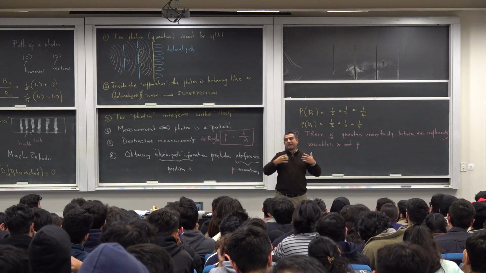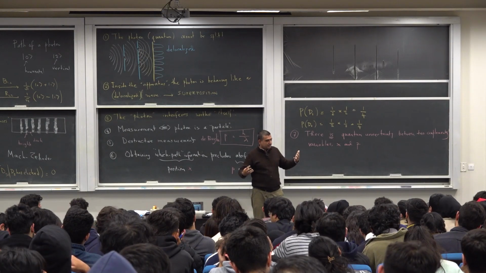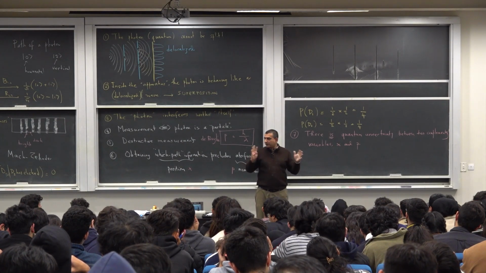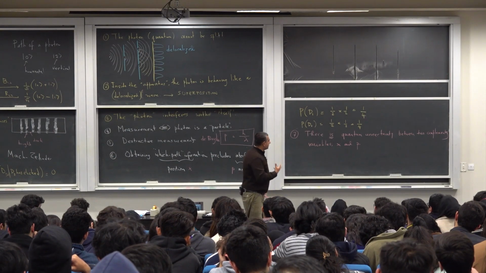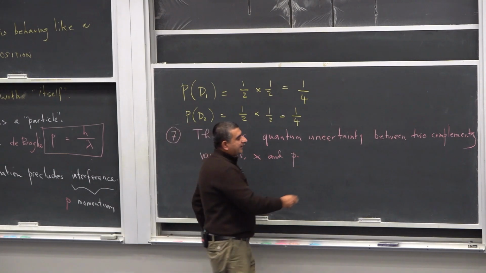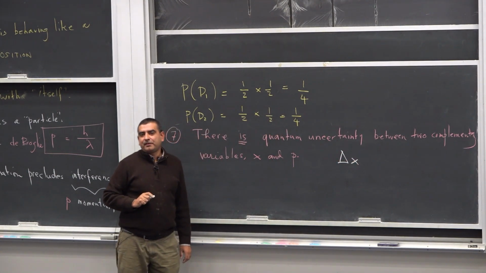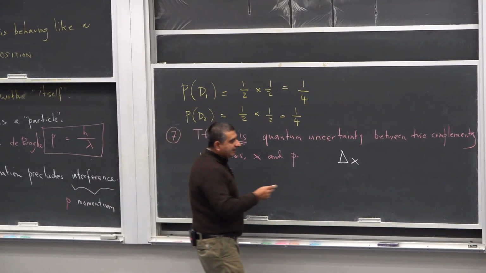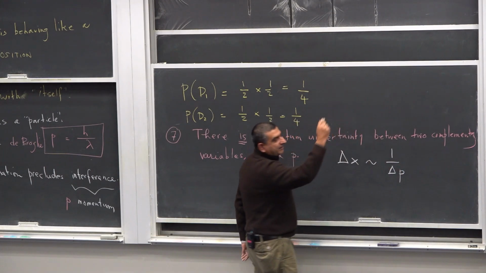So this complementarity between x and p, position and momentum, is called one version of the Heisenberg uncertainty principle. Sometimes in books, in fact most times, the useful way of writing this is that the uncertainty in position is inversely proportional to the uncertainty in momentum.